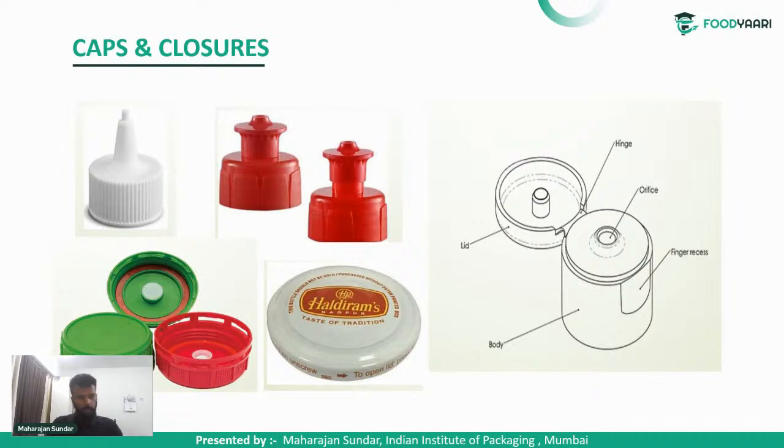The first one, the white one, is the fixed sprout closure. Whenever we go to a fast food place, there will be a ketchup or sauce dispensing can, and over it there will be a closure; that is a fixed sprout closure.